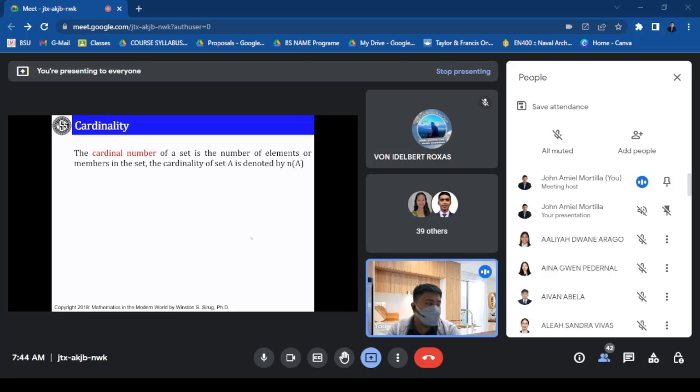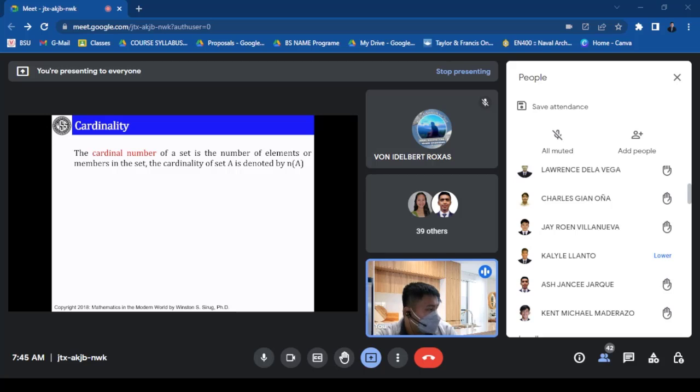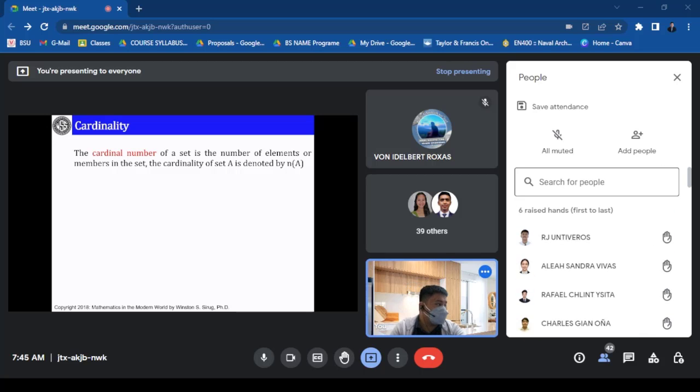So, cardinality. So, please read cardinality or cardinal number. Ayun. Okay, Kent, Michael, please read cardinality.